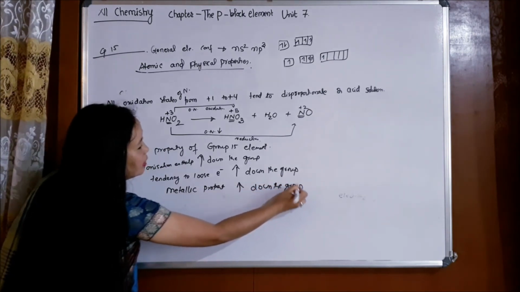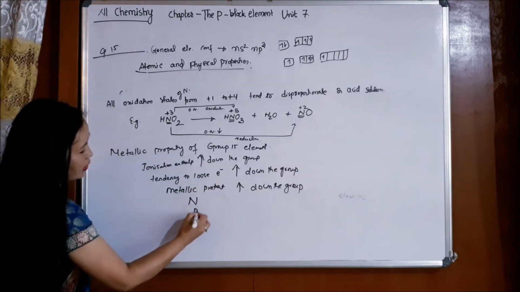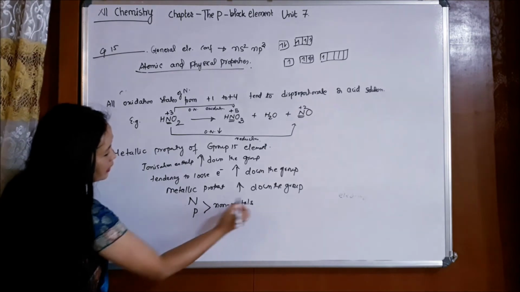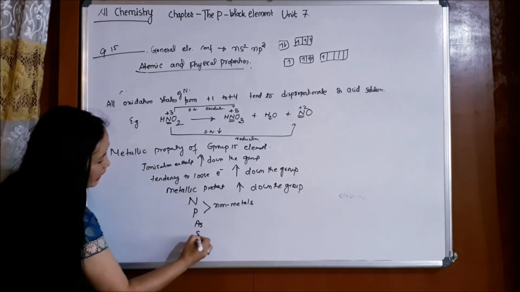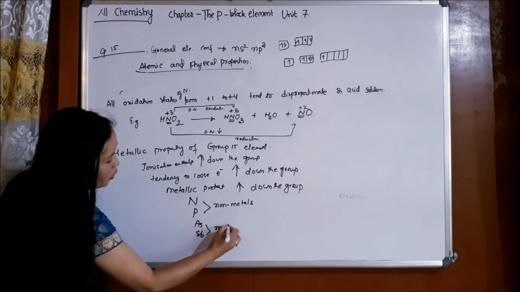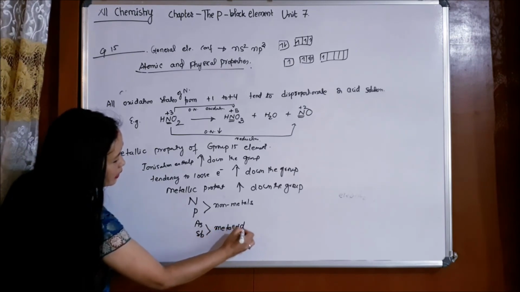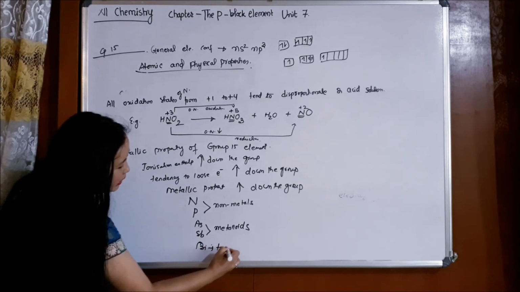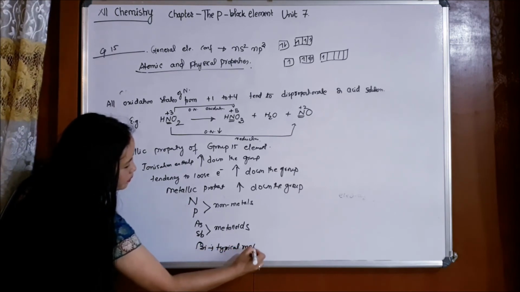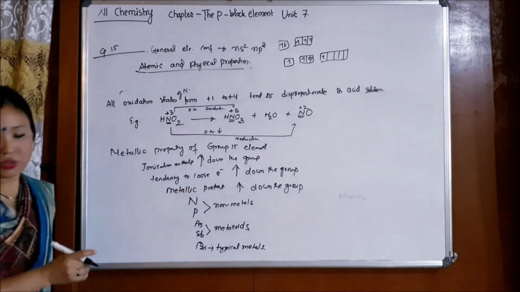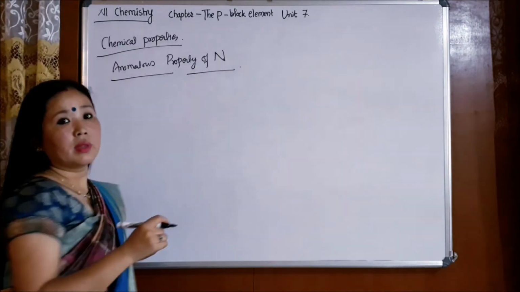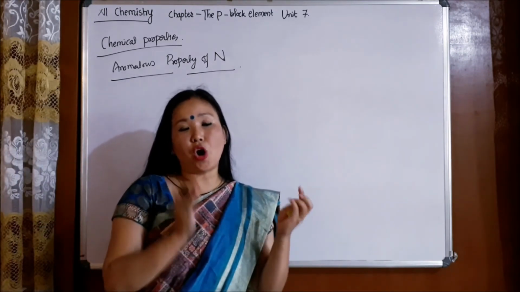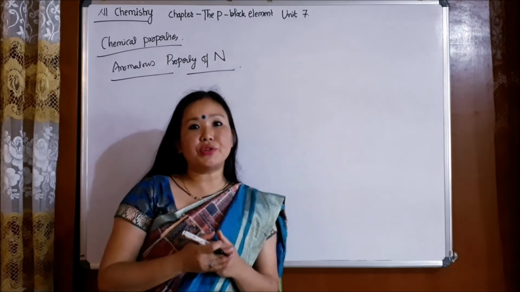So nitrogen and phosphorus, these two are non-metals, then arsenic and antimony are metalloids, and bismuth is your typical metal. Understood?